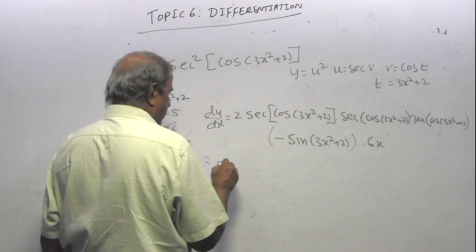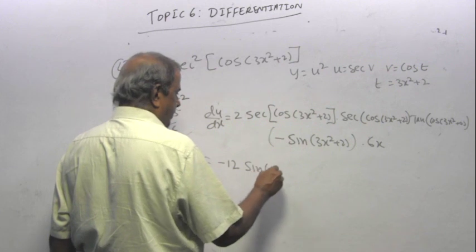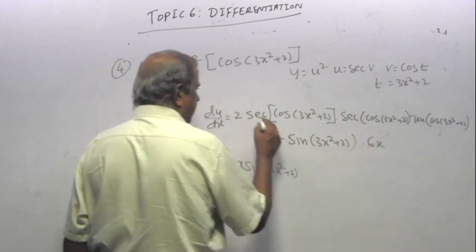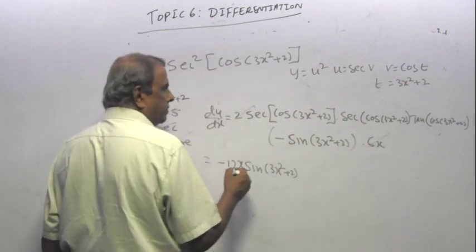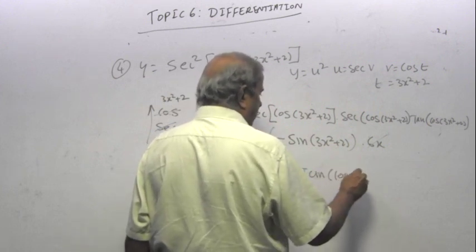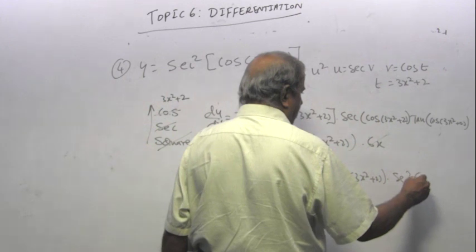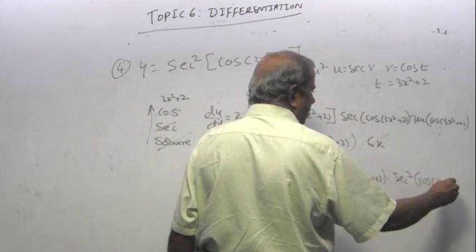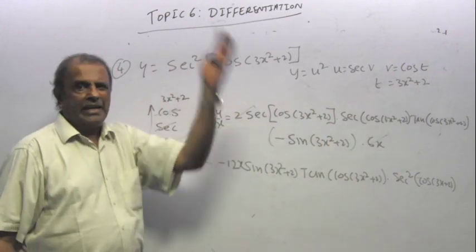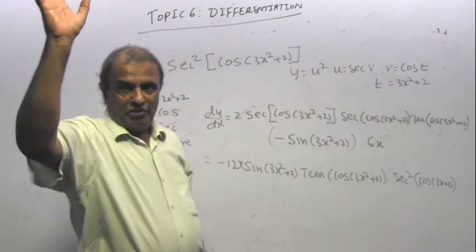So it is minus 12x sine of 3x squared plus 2, times tan of cos of 3x squared plus 2, times sec squared of cos of 3x squared plus 2. Please work this out using the chain rule and see if you get the answer. I could do it in one line, but as I said, if you're not happy, please use this method. Okay? See you in the next lesson.